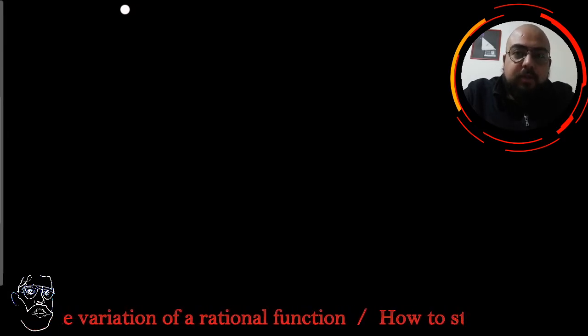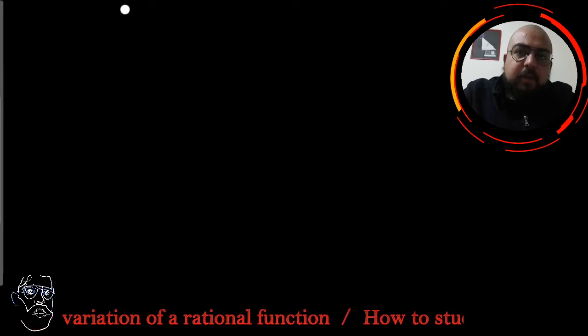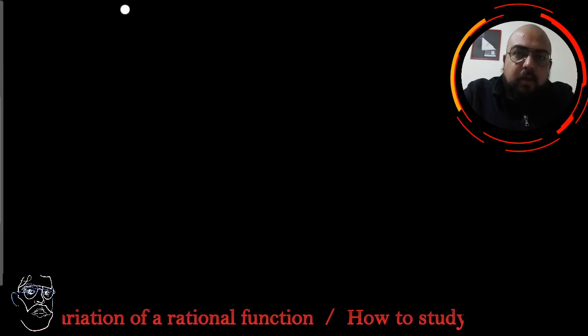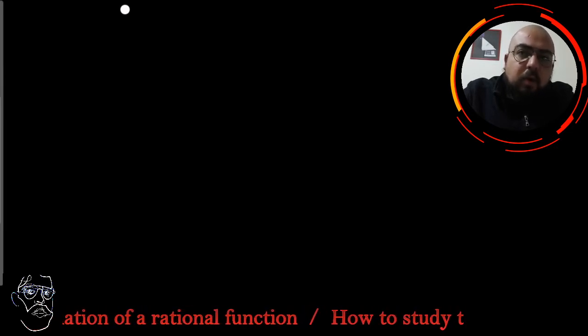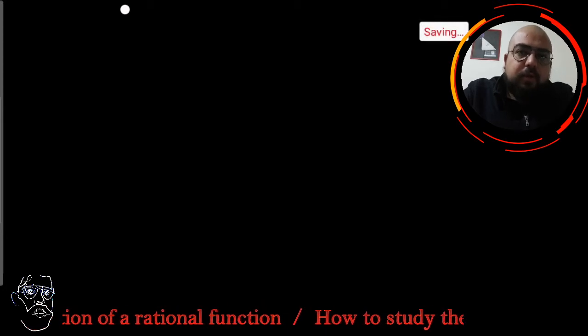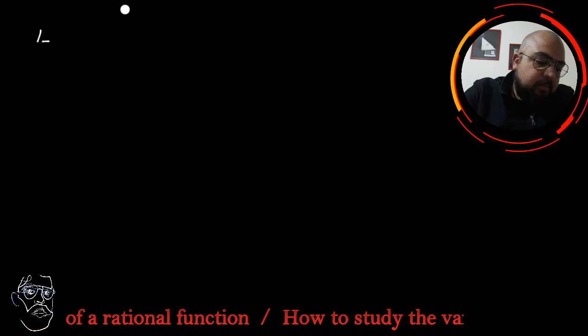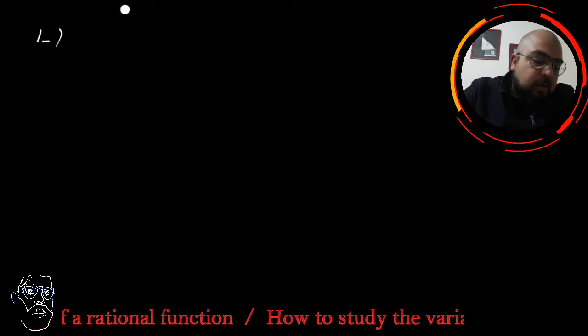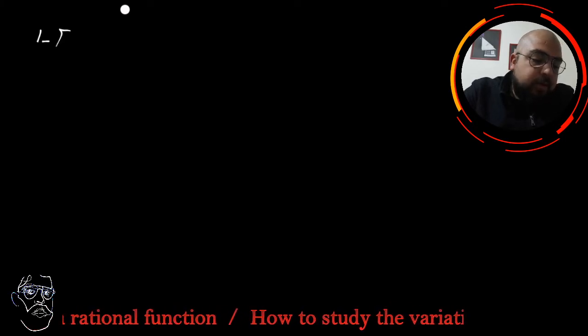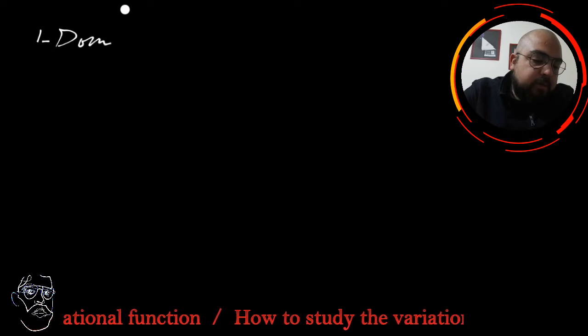Today we're gonna talk about how to study the variation of rational functions. But first, I'm gonna give you the steps that you should be following in order to study almost any rational function. The first step will be about the domain of definition.